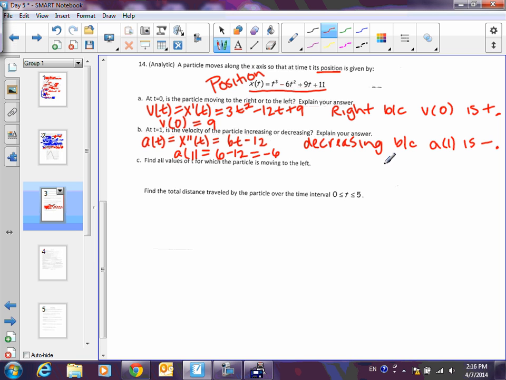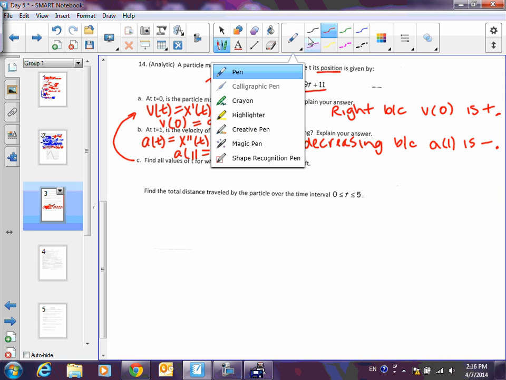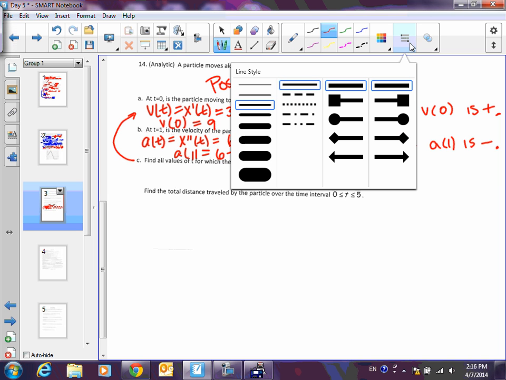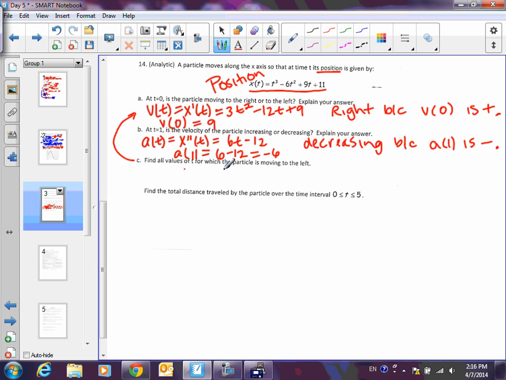Because a of 1 is negative. Alright, C, find all the values for which the particle is moving to the left. This actually has more to do with part A. Okay, the particle is moving to the left when v is negative. So how am I going to find all the values where v is negative? What do I need to do first?